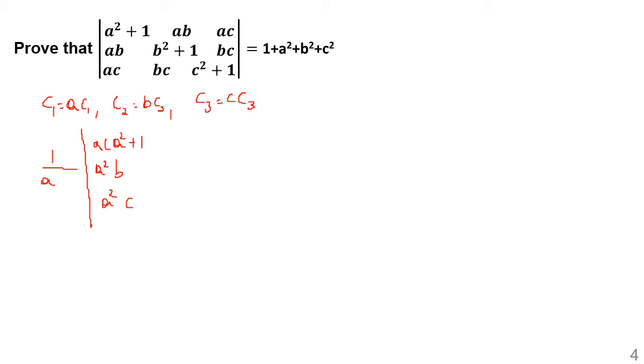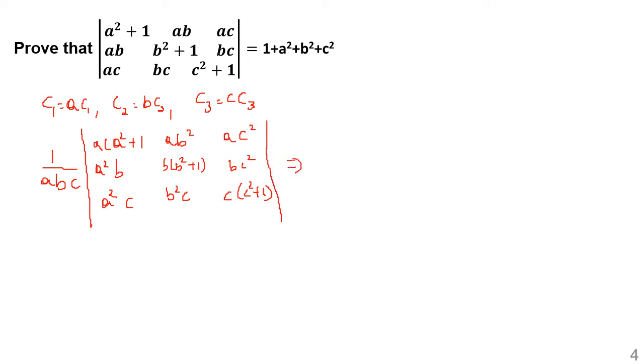The second column we multiply with b, so it is a into b square, b into b square plus 1, b square into c. Since we have multiplied, we divide by b. Next, the third column is c into C3. So a into c square, b into c square, c into c square plus 1. So it is divided by c.